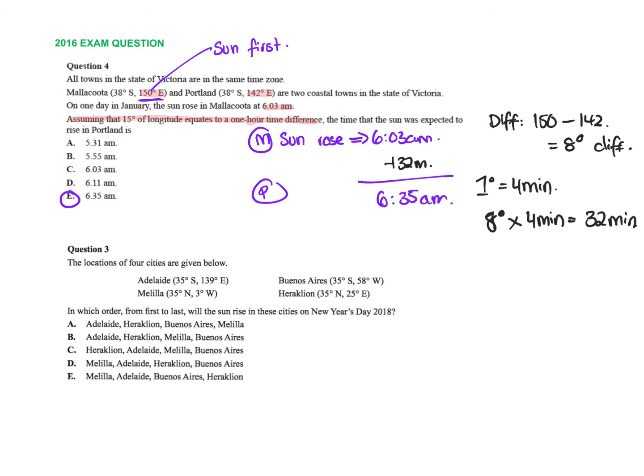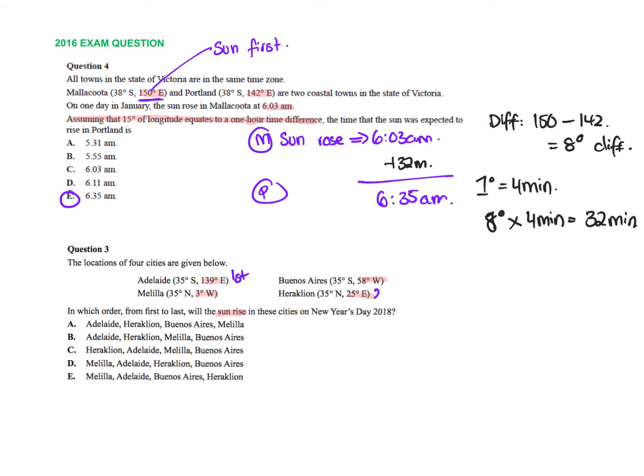If we look at this next question, it says the locations of 4 cities are given below. In which order from first to last will the sun rise in these cities? We've got to look at all their longitude values. It's pretty easy: the biggest east is first. So here, Adelaide's first. Then the next east value is Heraclion.